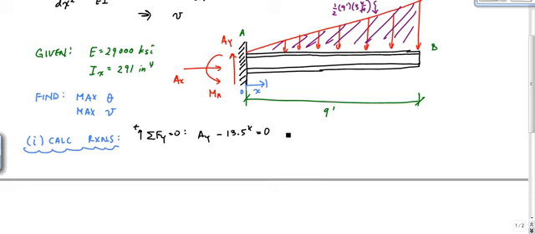Okay, and that tells me that AY is equal to 13.5 kips, and my positive result indicates that my sense or my direction is correct.